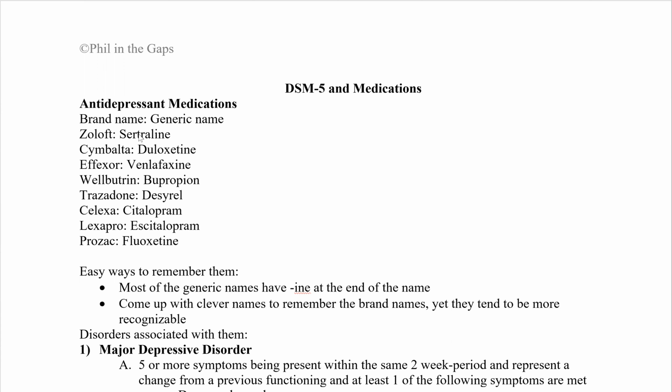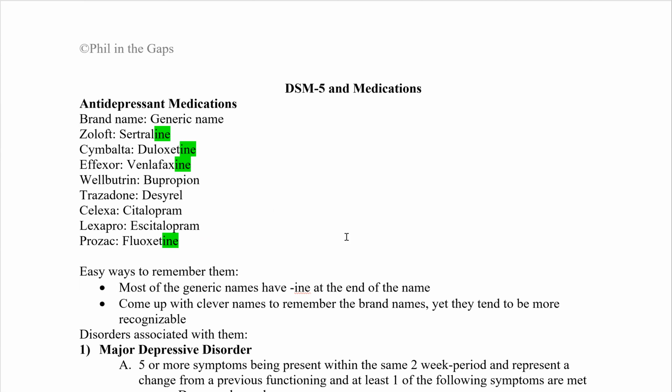But let's get started. On the generic name of antidepressants, there's going to be INE at the end of them. So if you see INE at the end of a medication and you see a question describing symptoms of depression or depressive symptoms, then the likelihood of that being the medication that you want to go with is high.